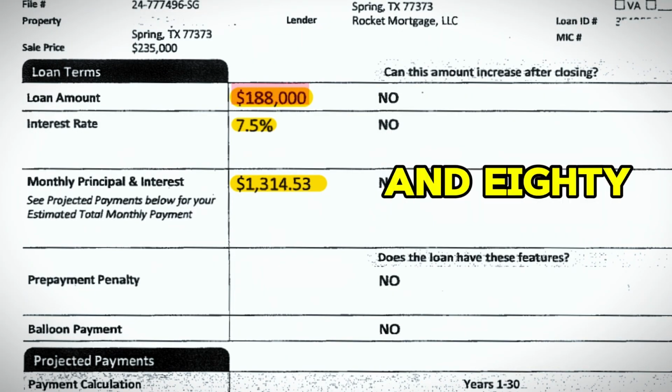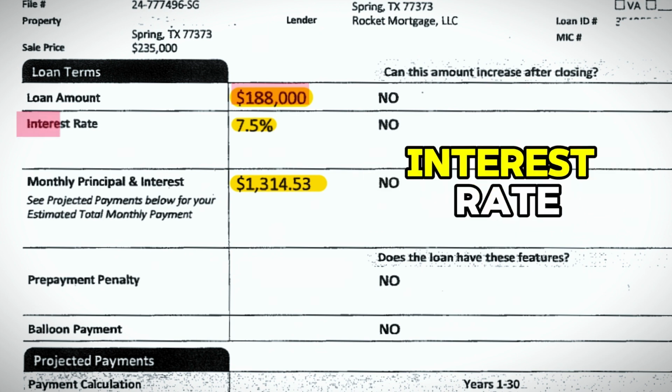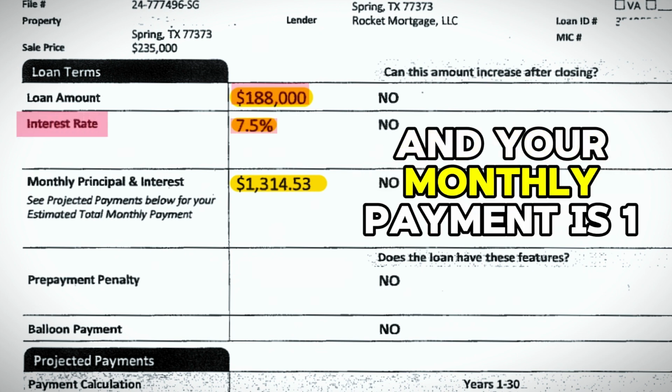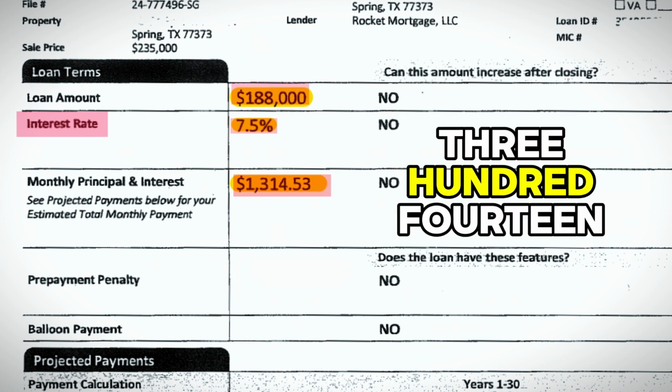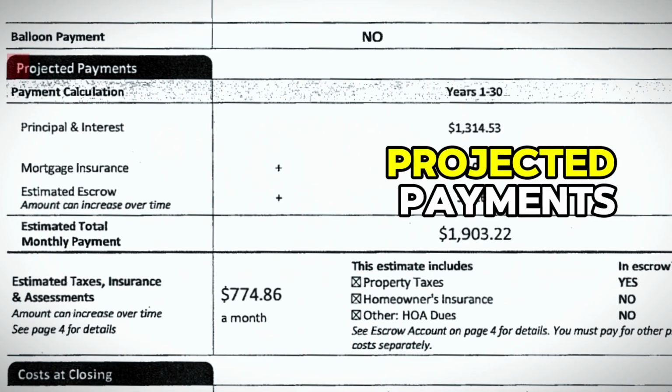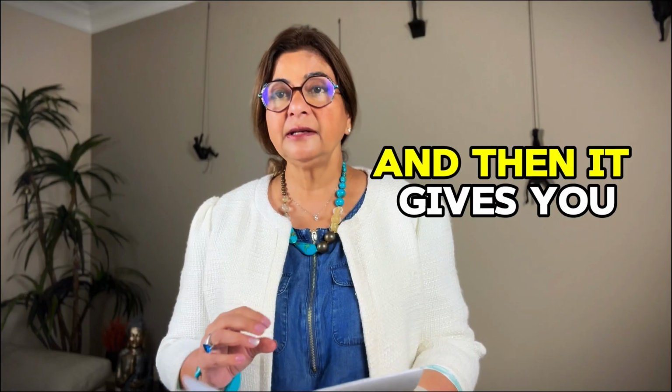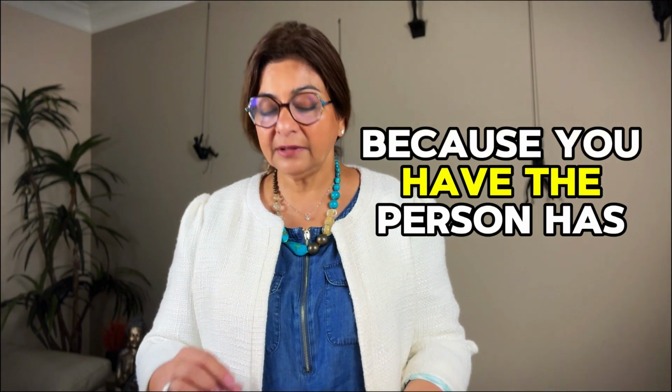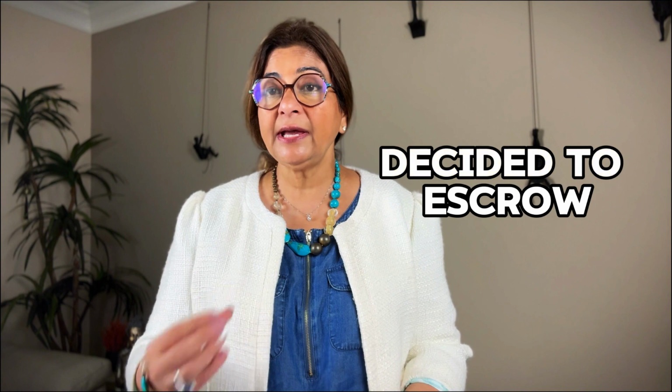So it's saying you have taken a loan of $188,000 at the interest rate 7.5%, and your monthly payment is $1,314.53. In the middle, it says projected payments, because the person has decided to escrow.